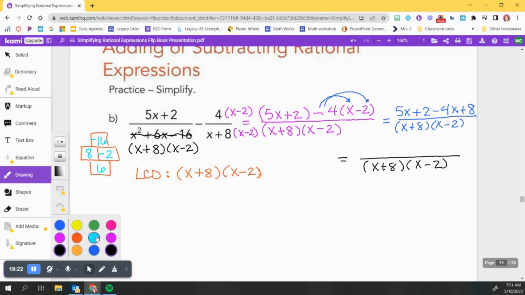And now we're going to find our common terms and add them together. We have a 5x minus a 4x, which will just be x. We have 2 plus 8, which is 10. Literally the exact same answer. Same answer, yeah. Not sure why this added example.